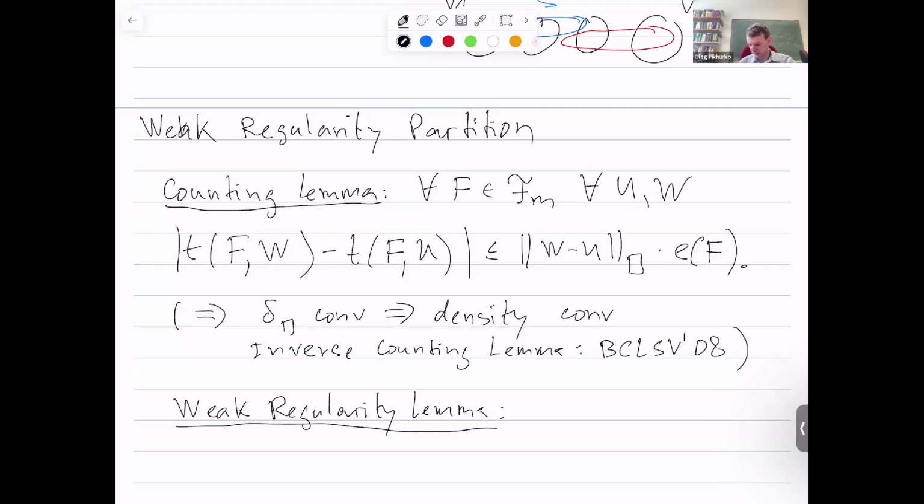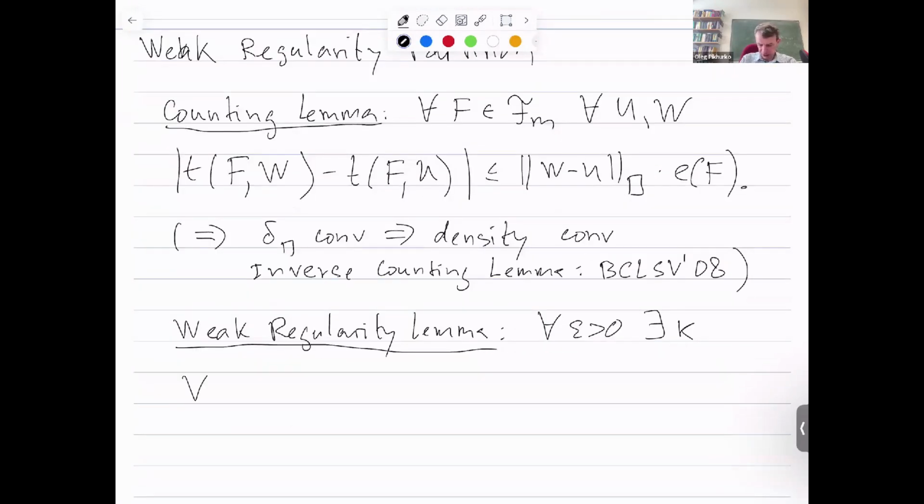It basically states if you give me an error of approximation, any epsilon, then I can find some k number of parts, which depends only on epsilon, such that for every graphon W, there exists a k-step graphon U such that in cut norm, U approximates W very well.